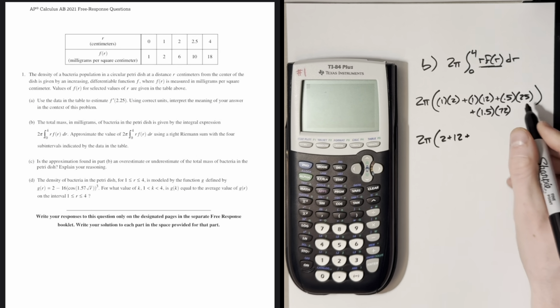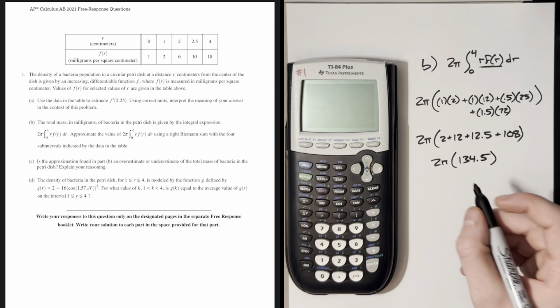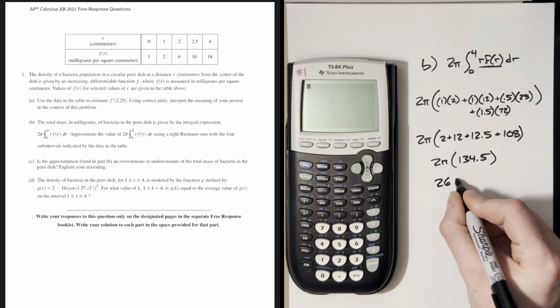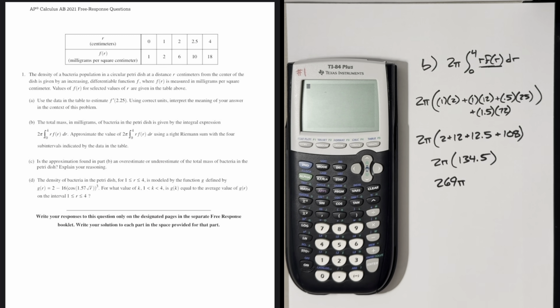So I get 2 pi times 14 plus 12.5 plus 108, which will come out to, hopefully I get this right, 134.5. It would be really awkward if I didn't, so I'm just going to bank on that being correct. And that is equal to 269 pi. And I'm sure if you gave this just as a decimal approximation, they would be completely fine with that, no issues either way.